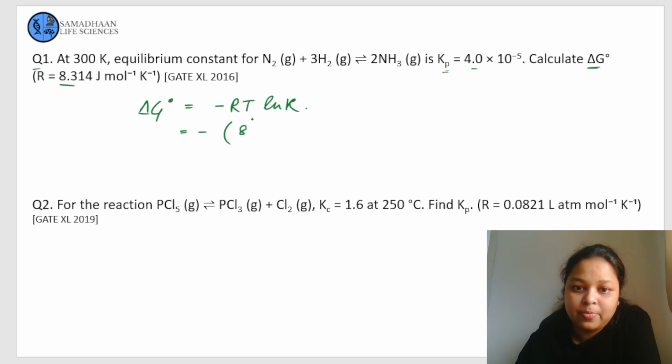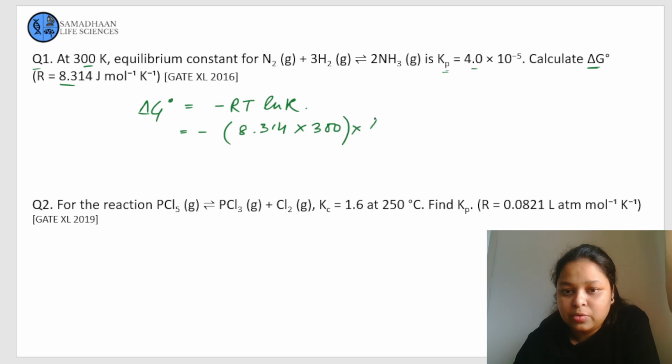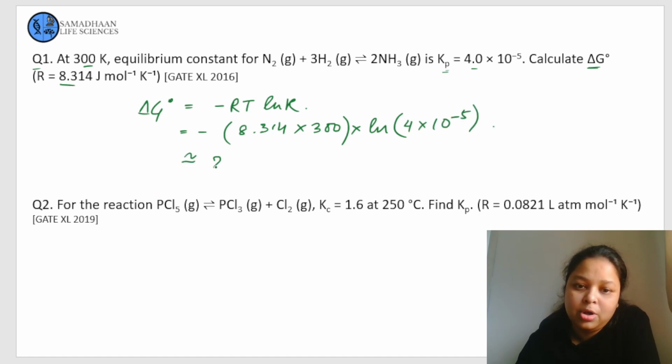R is given here 8.314 into T is 300 Kelvin into ln Kp, which is given here 4 into 10 to the power minus 5. So this will come around 25 kilojoule per mole.